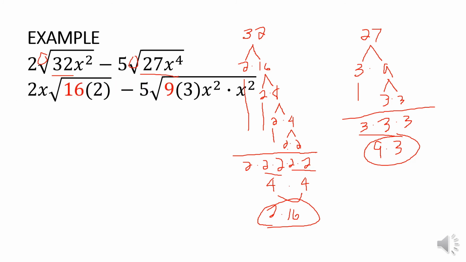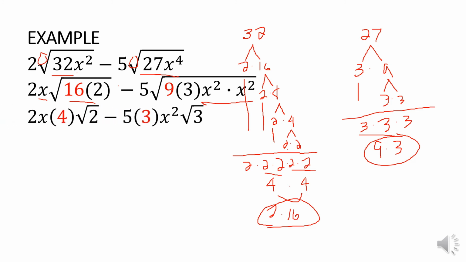Okay, so here we go. So we have here 2x square root of 16 times 2 minus 5 square root of 9 times 3 times x squared times x squared. These are the factors of x to the fourth. But x to the fourth is already a perfect square.